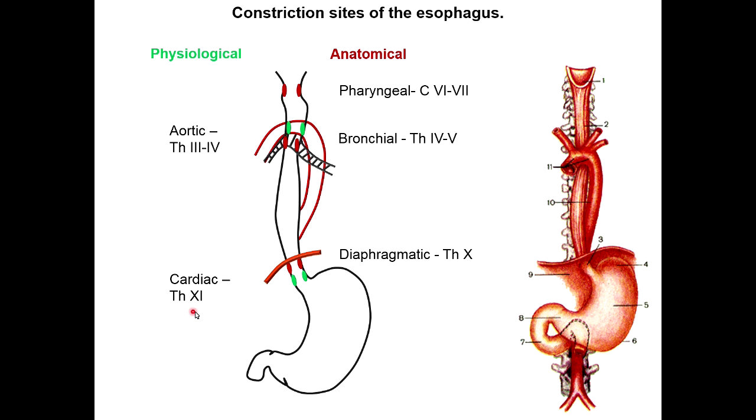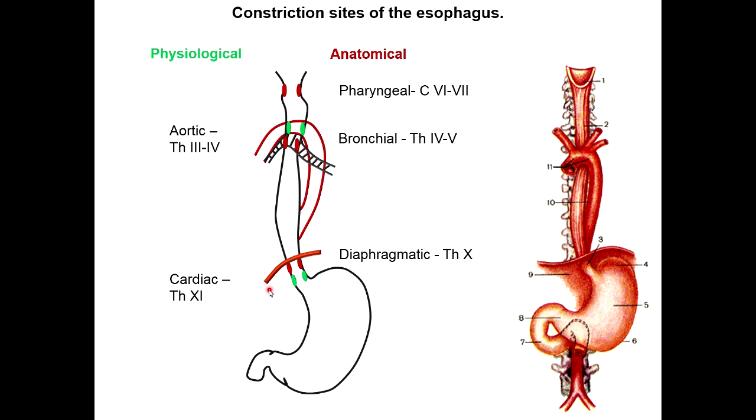It corresponds to 11th thoracic vertebra. Anatomical constriction was at the 10th thoracic vertebra, and this cardiac constriction one vertebra caudally.